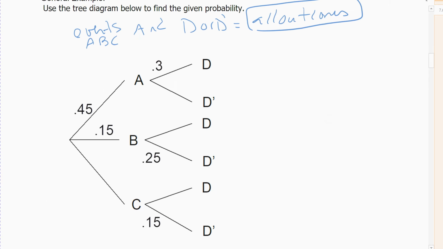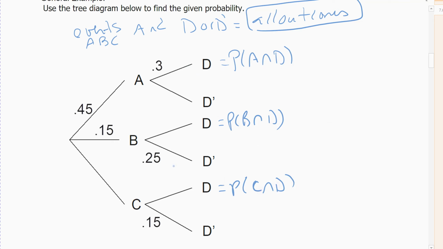I'm not going to completely fill out my tree, only the branches that end in D. So I'm only going to find the probability of A and D, the probability of B and D, and the probability of C and D. If you just like to make sure you have a complete tree, feel free to finish it. I've got to fill out some blank spots. Remember, everything adds up to 1.